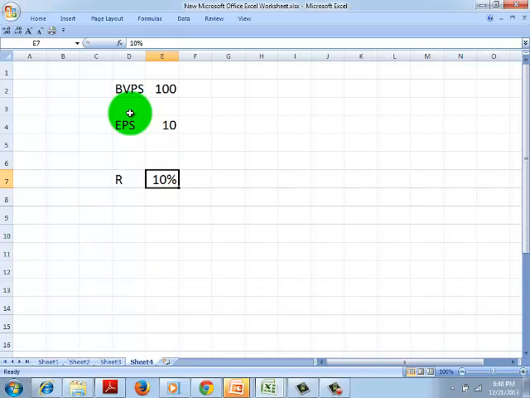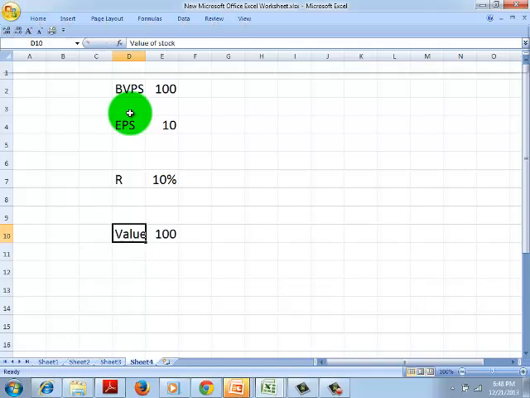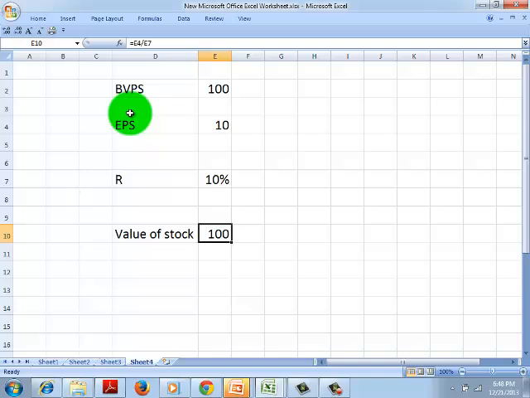If you assume that, then the value of the stock becomes how much? 10 divided by 10%. The value of the stock is 100. So this is the value that I'm willing to pay for the company because it is growing at the same rate, 10% every year. That's what it is earning.